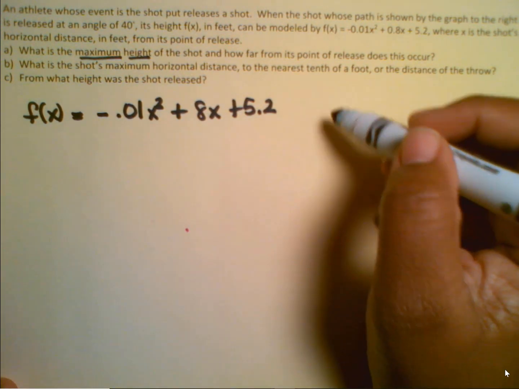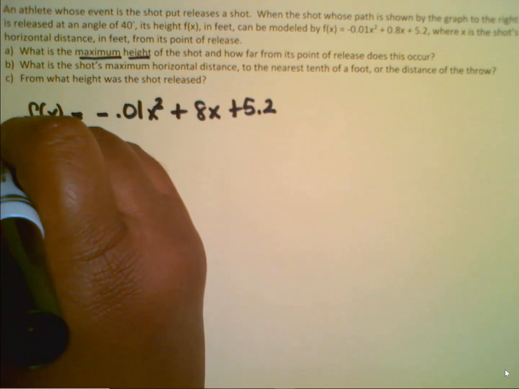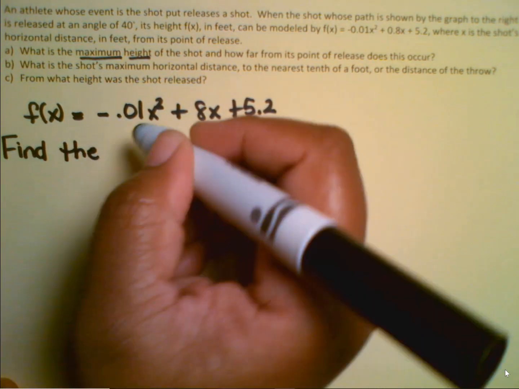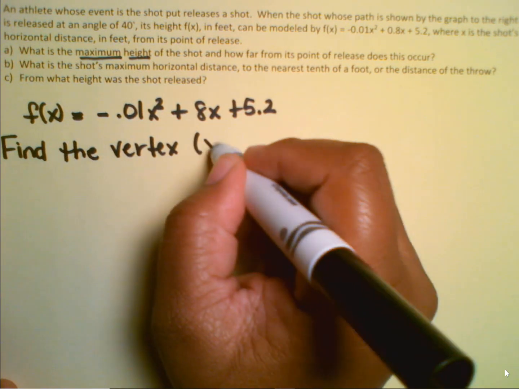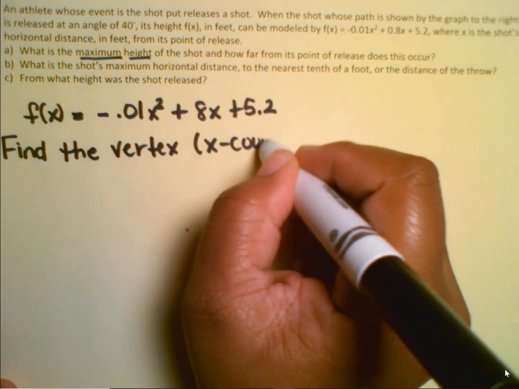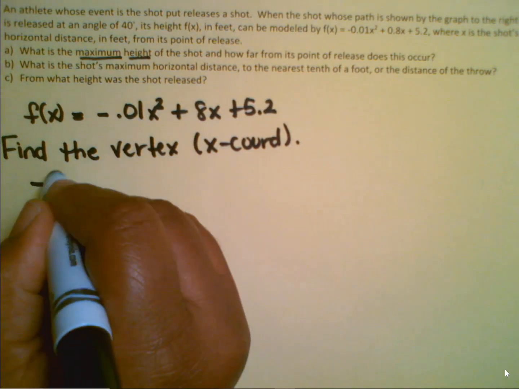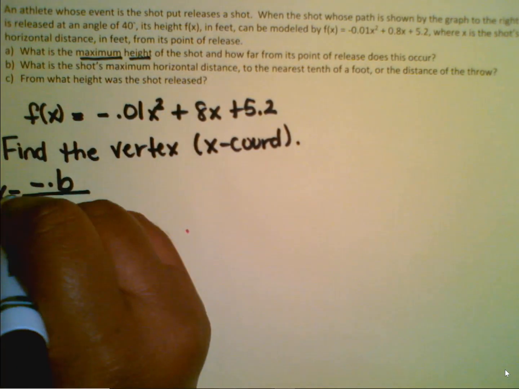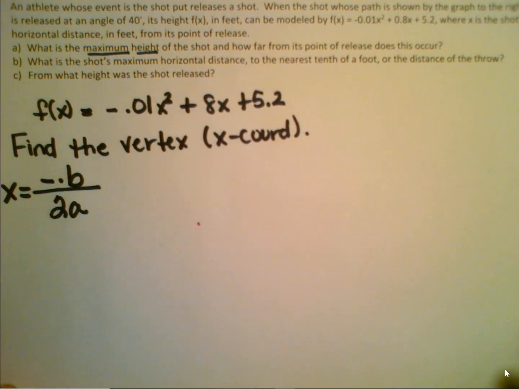If we want to find the max or min, we would use the formula to find the vertex, meaning to find the x coordinate. And we would use the formula x is equal to negative b all over 2a.